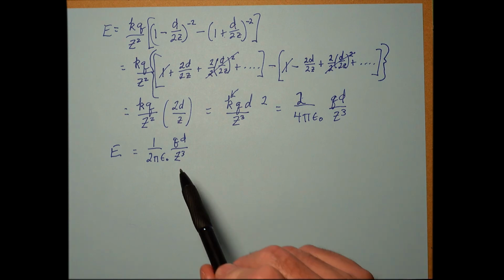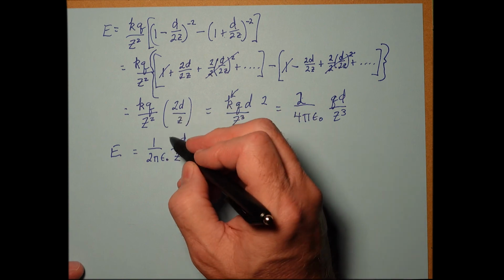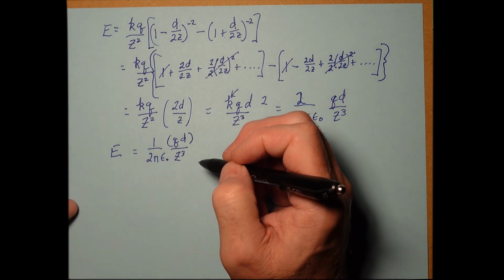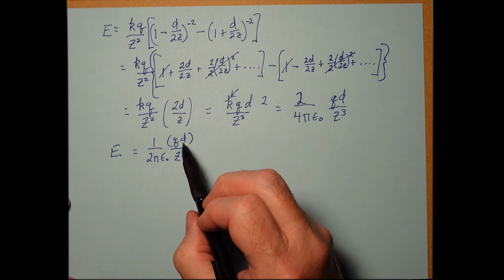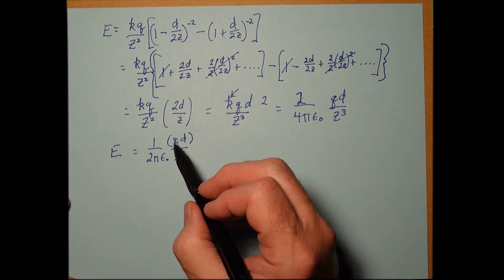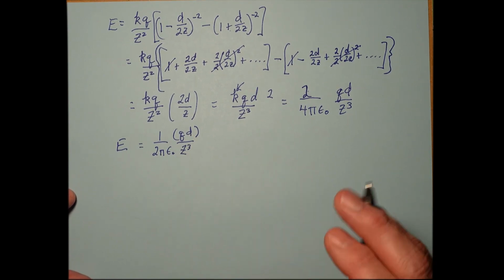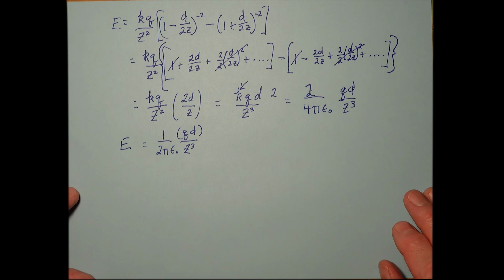Okay, now there's the electric field equation. This quantity here, Q times D, is a quantity that has been defined and utilized because it turns out if you had to measure these in the laboratory, if you had to measure Q and D separately, it's a little more difficult to measure each independently. Instead, to measure the product of those two is a little easier.